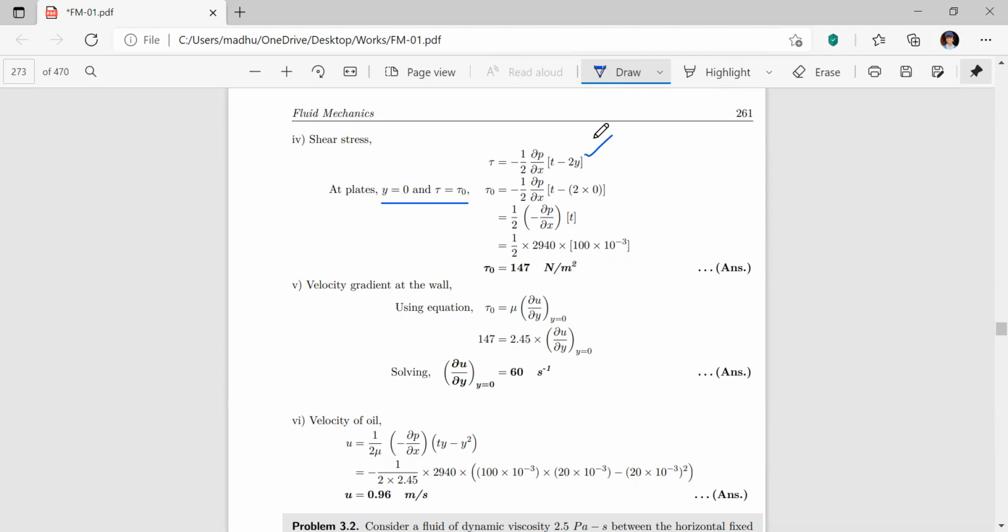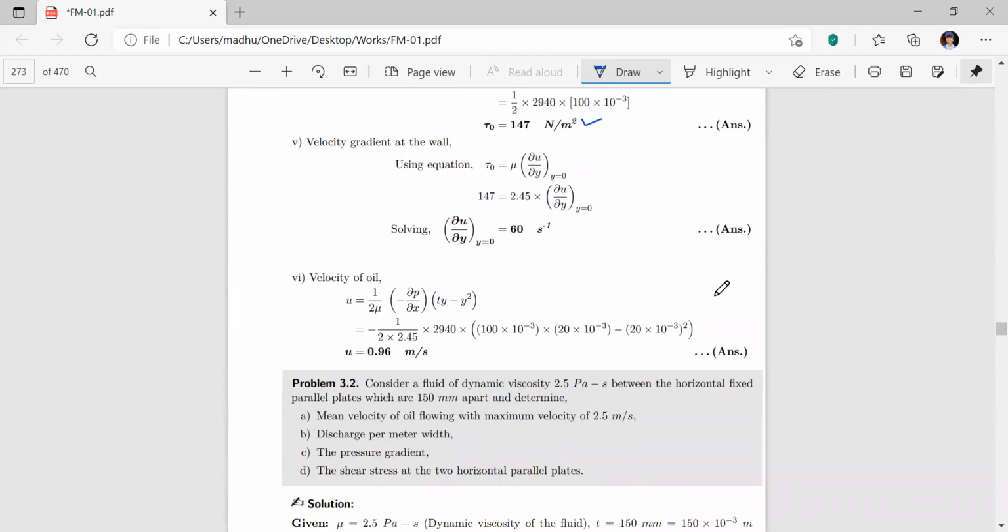At y I will put 0, so the equation reduces to this. Substitute 1 by 2 into minus dp by dx, which is plus 2940, into t, 100 into 10 to the power of minus 3. Therefore tau naught is equal to 147 Newton per meter square.